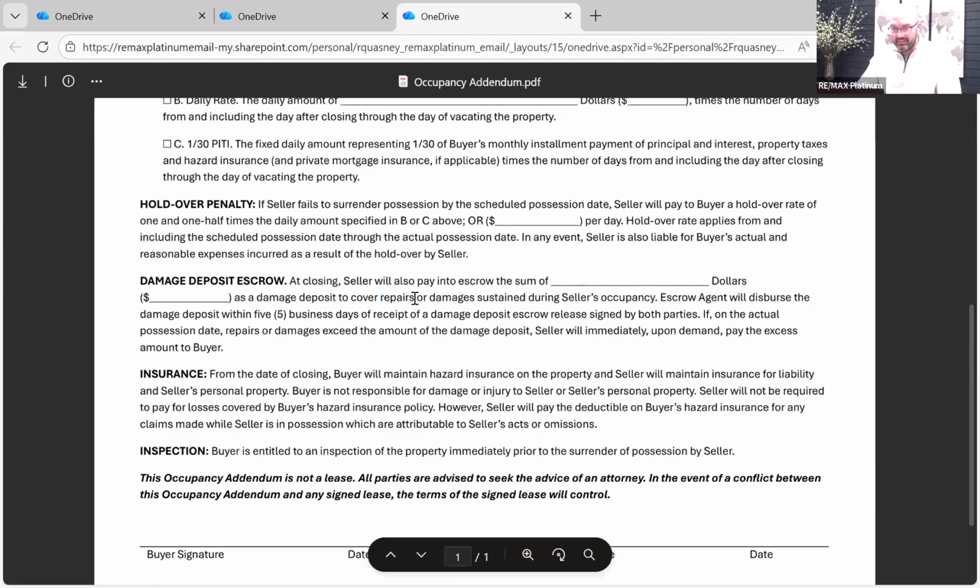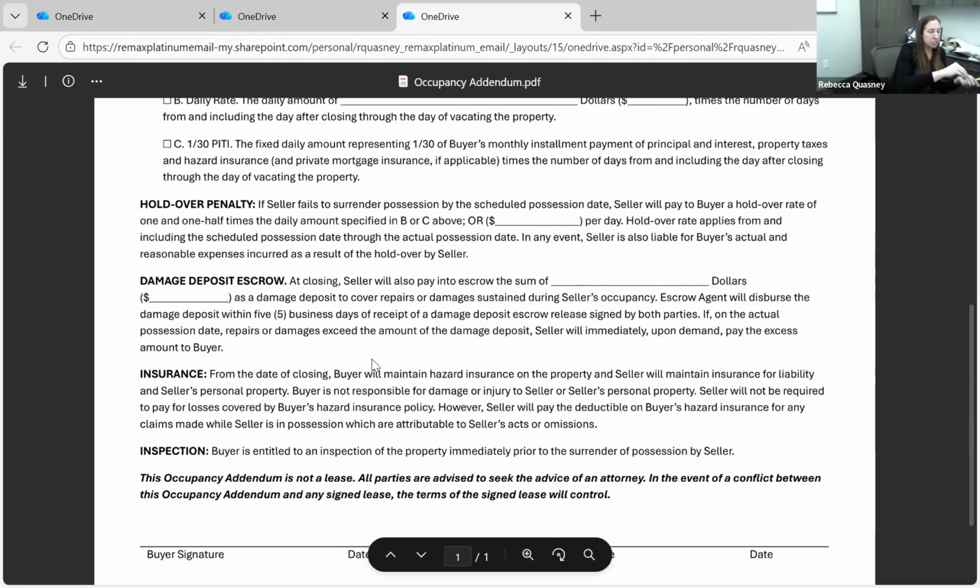And that's a broad umbrella of what may need repair. And yeah, a furnace no longer functioning, it needs to be repaired. And this damage deposit should definitely apply to that. I mean, I can't imagine it would not.